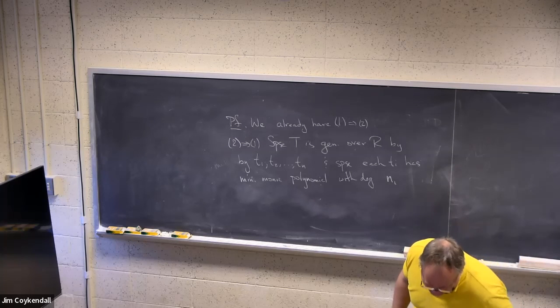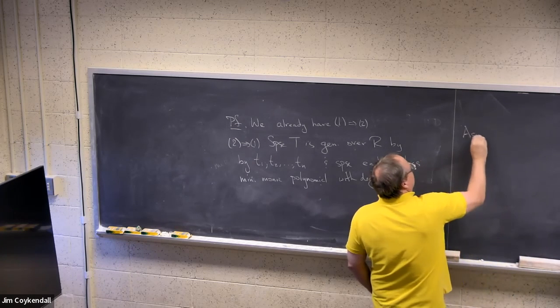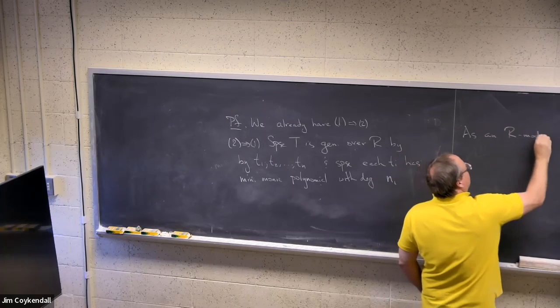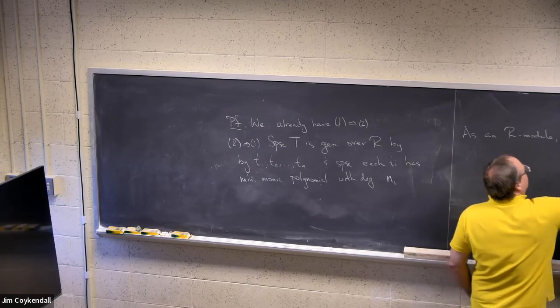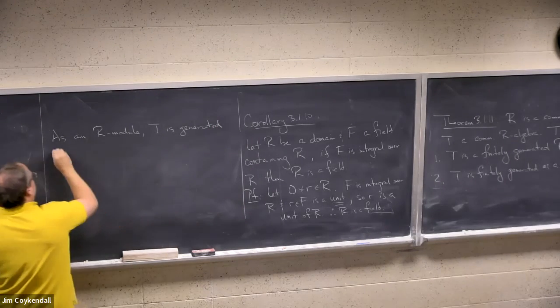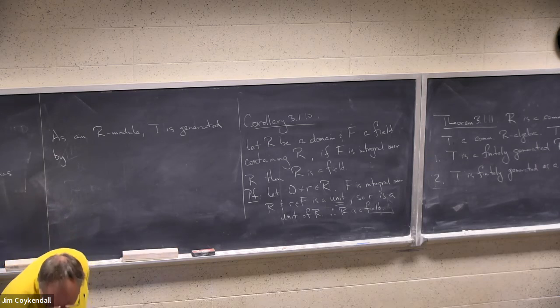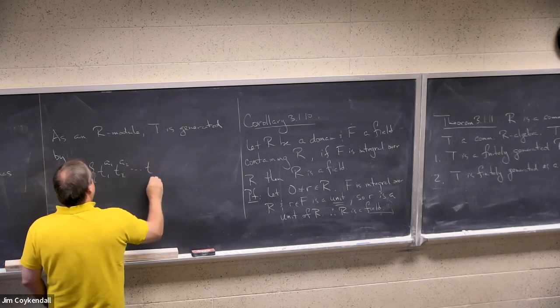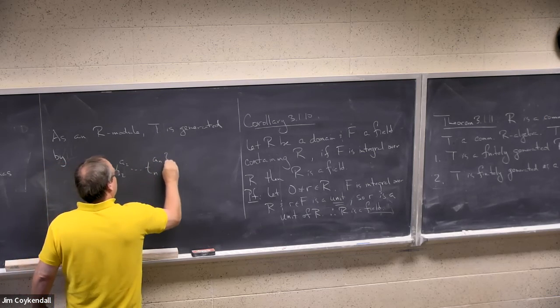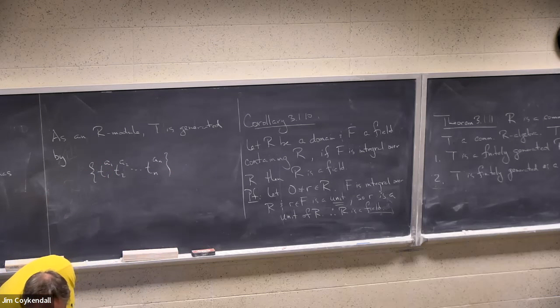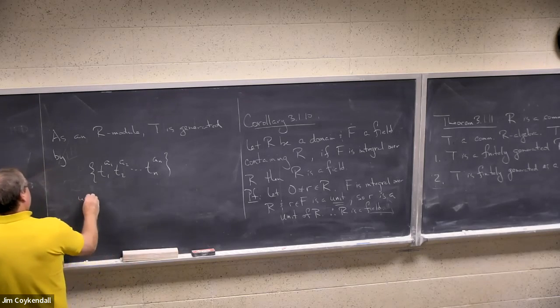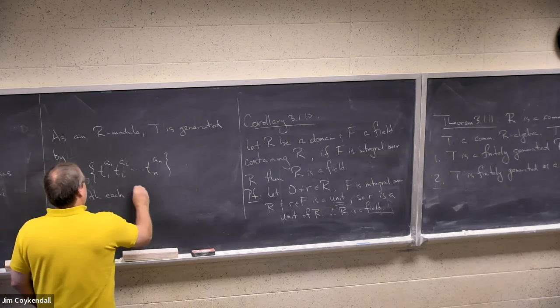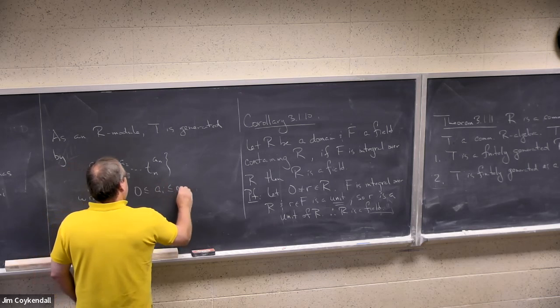So as an R module, T is generated by the set of elements that look like T1^A1, T2^A2, up to Tn^An, where each Ai, actually let me call this Mi so there's no confusion, with each Mi at most Ni minus 1.